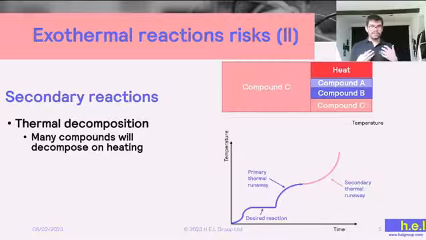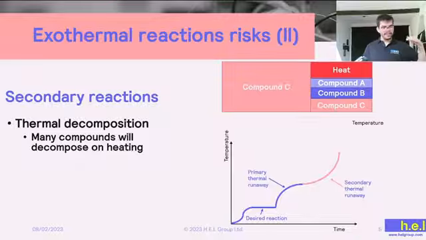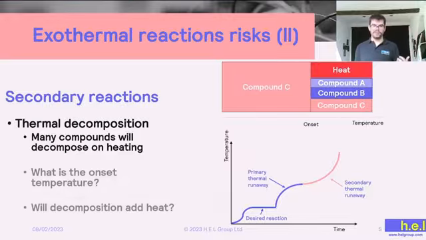So if we study how our reaction would progress, we would see that the temperature increases, then it's going to reach a plateau because of the cooling. But if the cooling fails, then we're going to see a sudden increase again in the temperature, and potentially, if our decomposition reaction happens, we're going to see a further increase in this temperature.